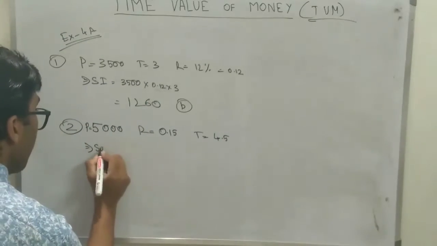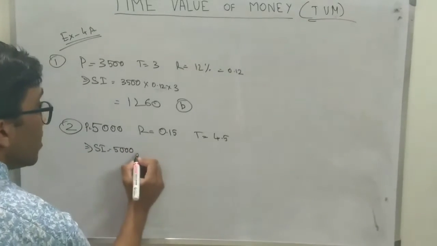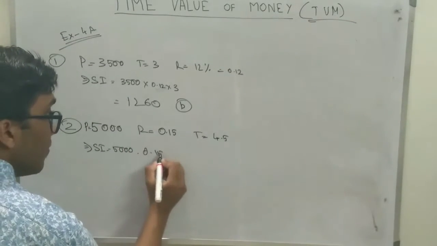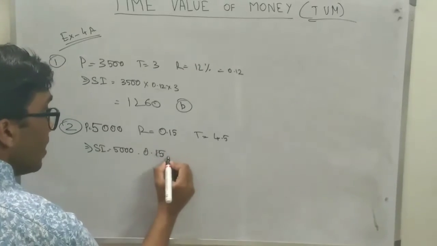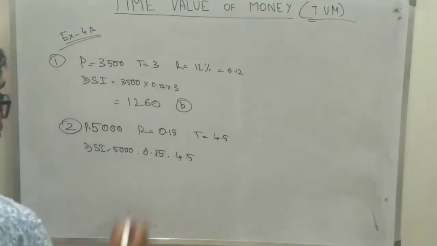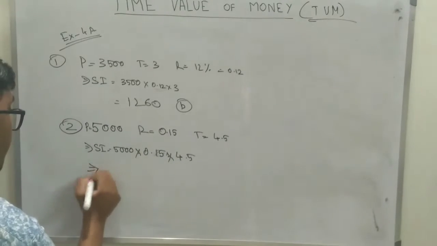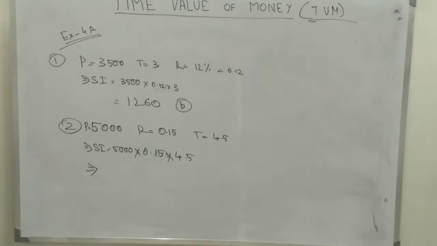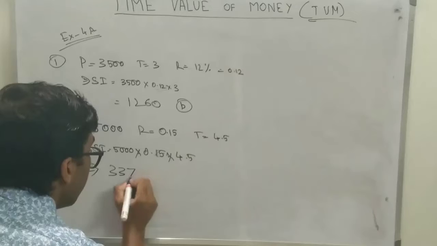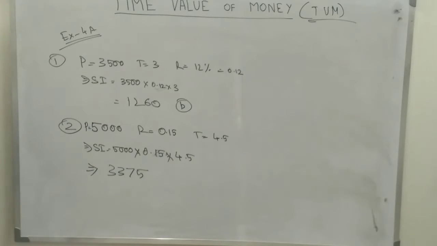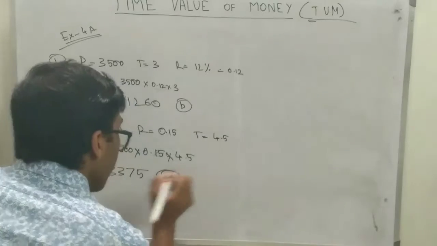Now as per the formula, simple interest is equal to 5000 into 0.15 into 4.5, which comes to 3375. Is option number A.